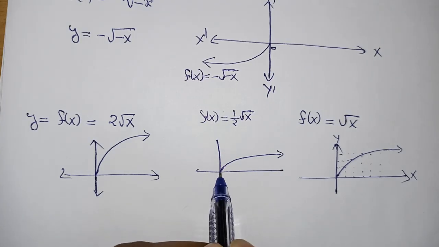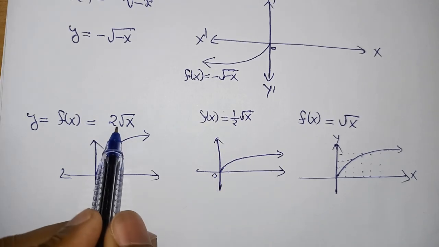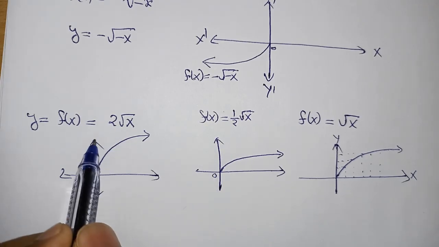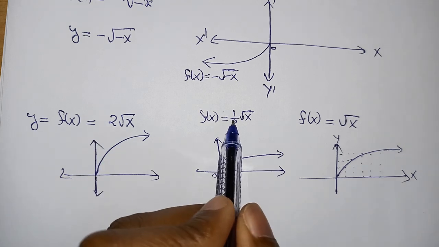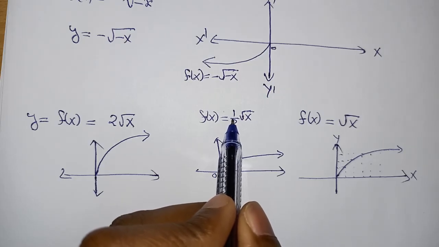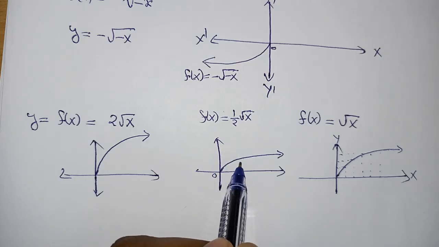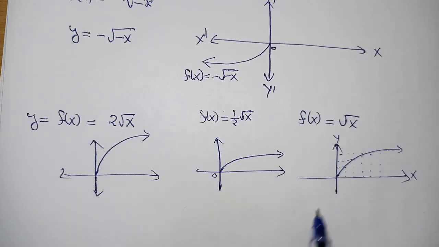So this is 0, and when you scale up by a bigger value, the graph will shift in the y-axis direction, the positive y-axis direction. And when you scale by a value which is less than 1, the graph will bend towards the x-axis. So this is the difference, how we can observe what effect there will be when we scale up.